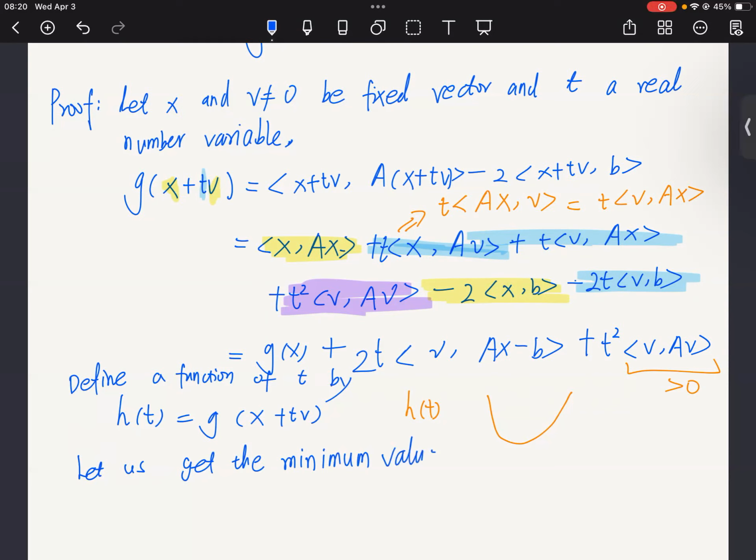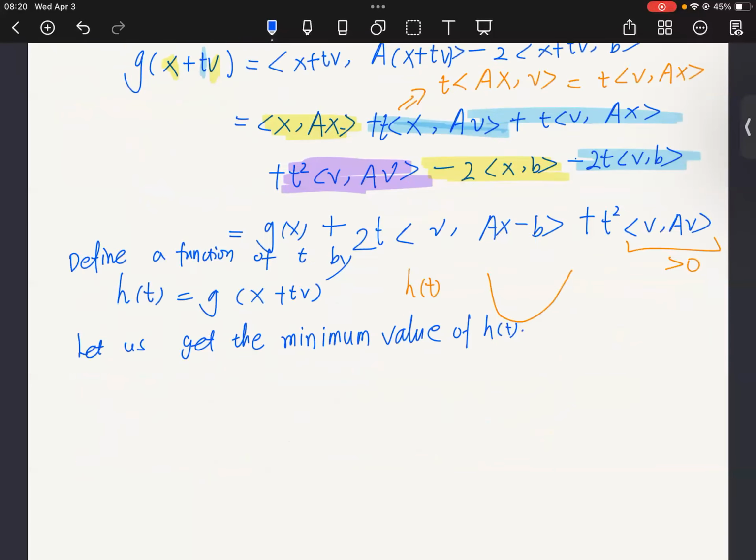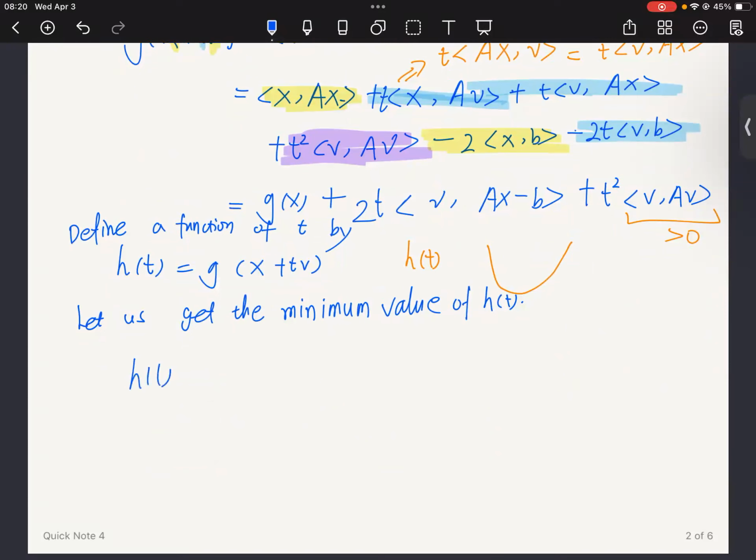Minimum value of h(t). First, let's get the first derivative of h(t). The first term is just a constant with respect to t, so that is just 0. For the second term, if we take the derivative with respect to t, the value should be the inner product of v with (Ax minus b).